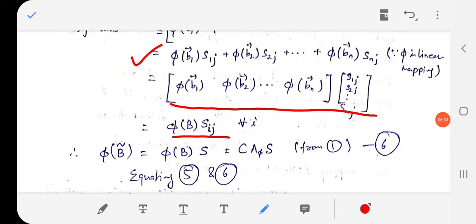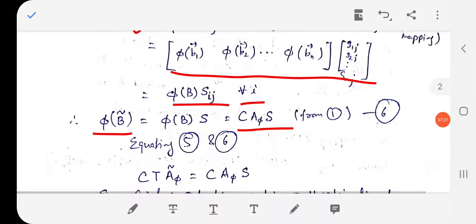Here this s dot j is for all i, so it's a column vector. So you are generating one particular thing by a particular column. So finally we get phi B tilde can be represented as C A phi S. S is the transformation matrix, S is the matrix that can generate B tilde from B, right? So that's a good part.